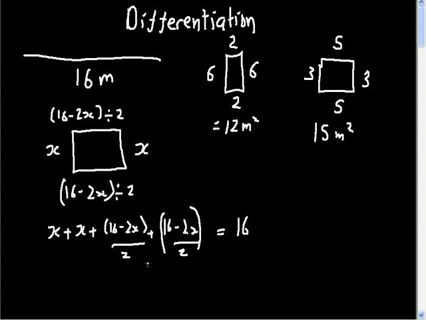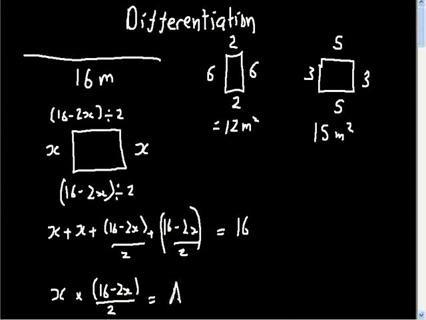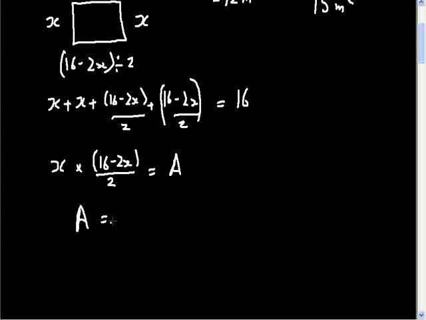What about its area? Area is simple. You just multiply this times this. So that's x times (16 minus 2x) divided by 2. That's the equation for my area. Now I've got an equation for its area.